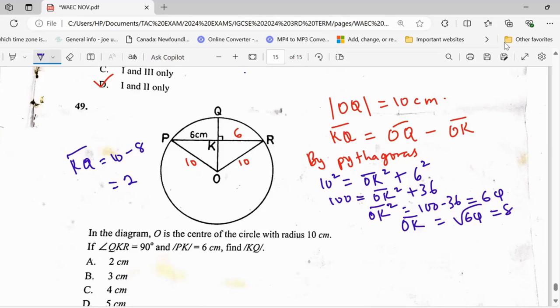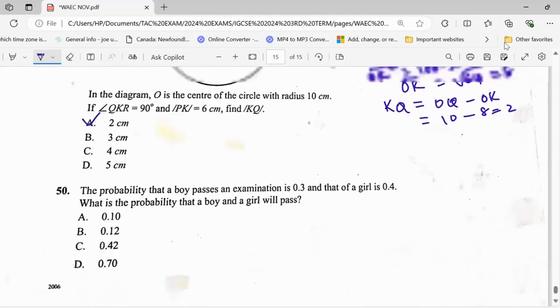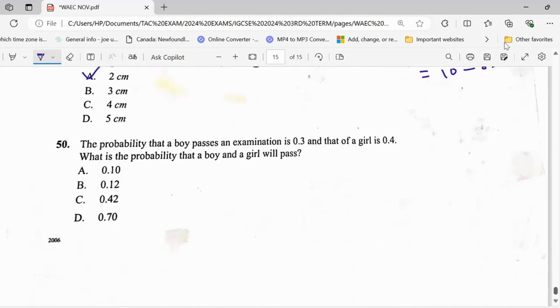Remember that we said that KQ is equal to OQ minus OK. So that means it's going to be 10 minus 8. That gives us 2. And that's option A. So we mark option A and we now proceed to the last number, which is question number 50.